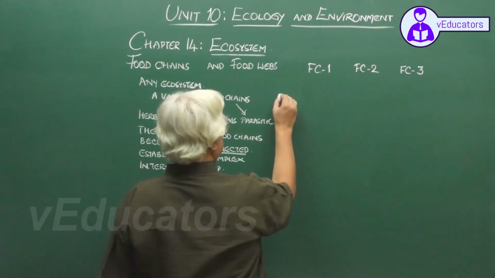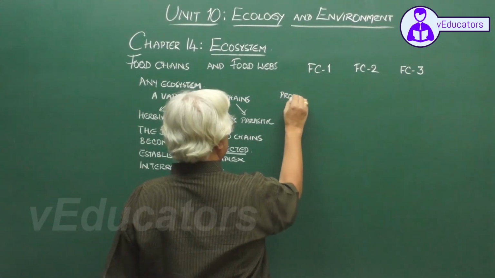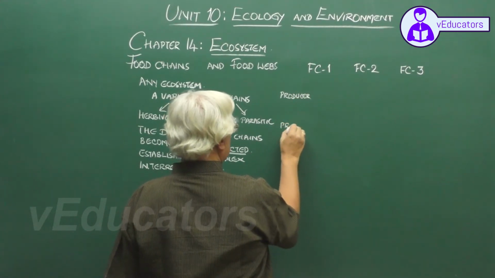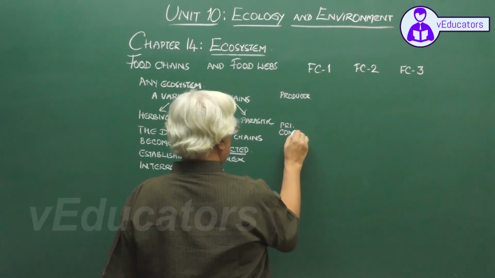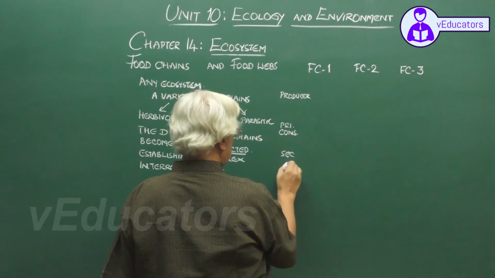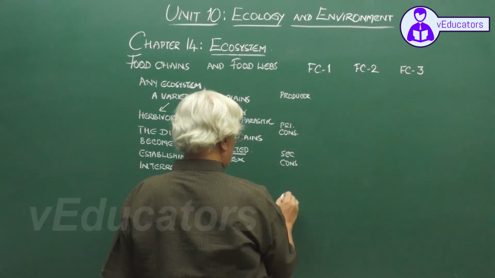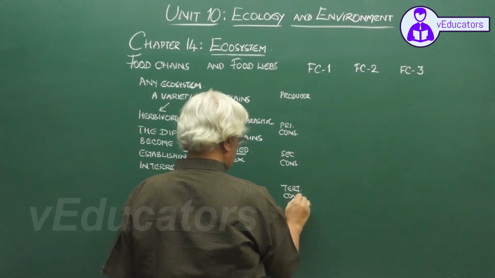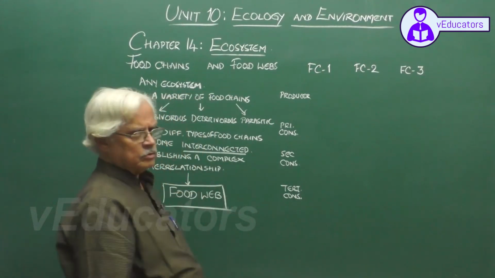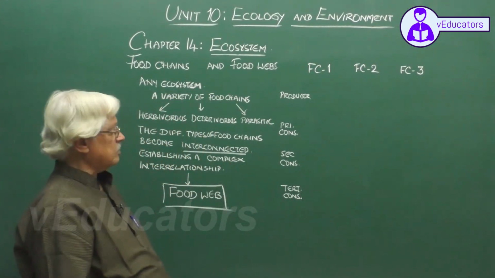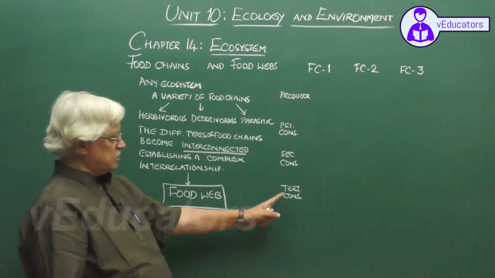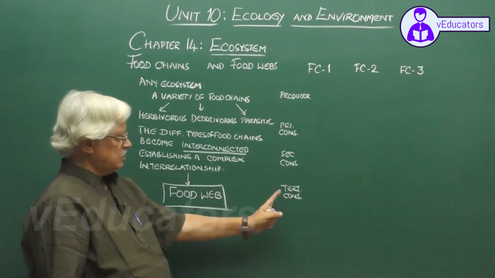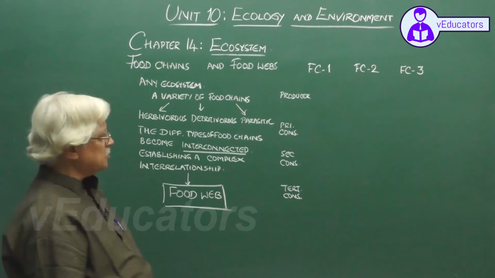In each of these food chains there is a producer, a primary consumer, a secondary consumer and a tertiary consumer. So it is assuming that all these 3 food chains are typical food chains having 4 trophic levels: producer, primary consumer, secondary consumer and tertiary consumer.